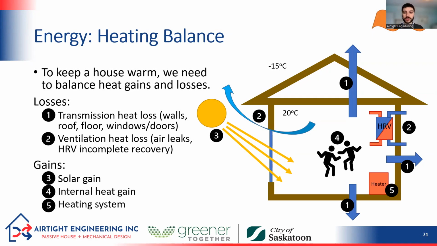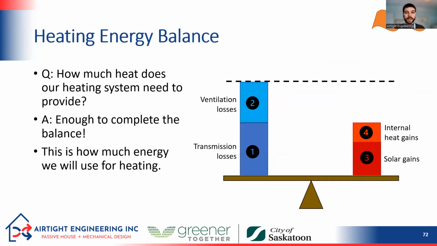Fun fact, each person generates, usually with normal activity, about 130 watts of power output. And so that results in heat inside the house. So it's like 1 1/3 100-watt light bulbs being turned on. That's how much heat you would be generating. So those are some of our heat gains. So we get to subtract that. It's free heat. And then whatever additional heat is not covered, our heating system needs to make up.